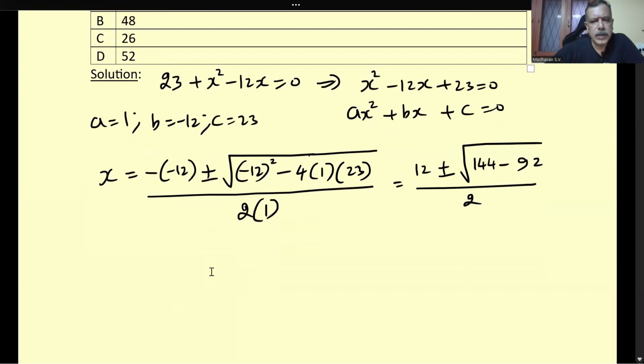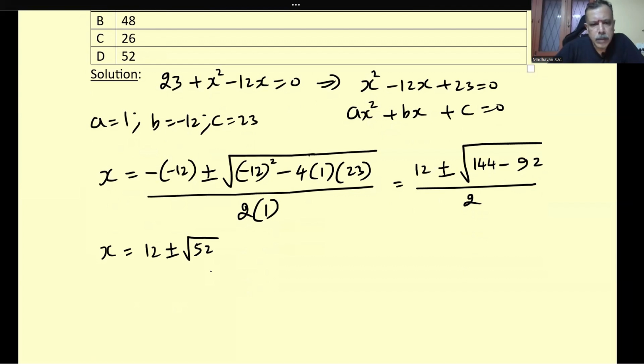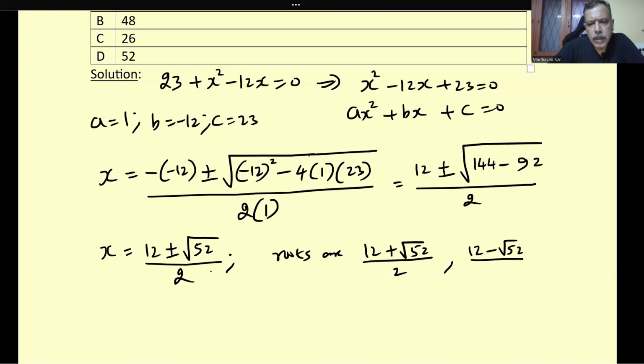So that becomes x equal to 12 plus or minus square root of 52 by 2. So the roots are 12 plus root 52 by 2, and another one is 12 minus root 52 by 2.